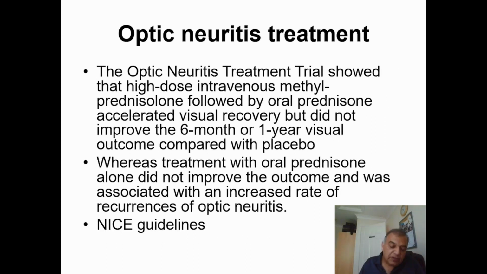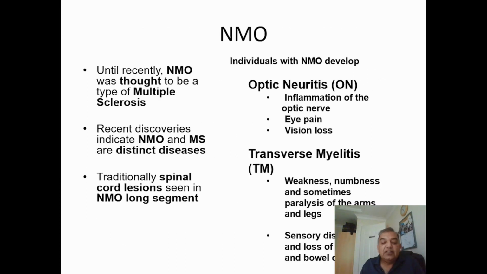Even if you were not to treat, most of these resolve on their own. But a high dose of intravenous steroids does show immediate response because it reduces the inflammation, but over a 6-month or 1 year visual outcome compared to placebo, there was not much change. And so these are what the NICE guidelines also say.